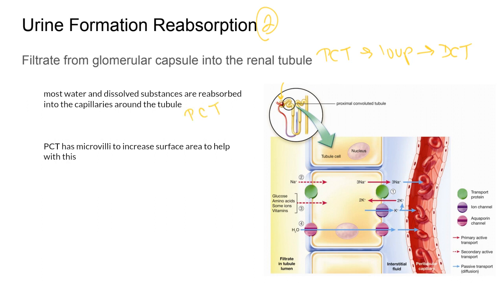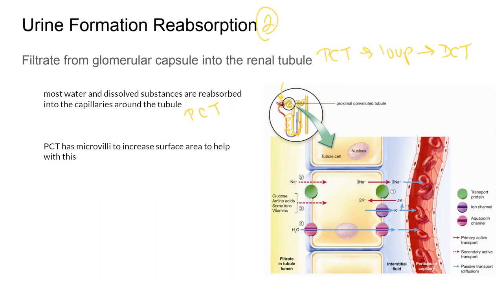The water and dissolved substances are going to be reabsorbed into the capillaries that surround the tubule. If you think back to your pictures in the previous video, you'll notice there were lots of capillaries that surrounded these, not just one little loop. So that's where the water and substances are being reabsorbed back into those capillaries.